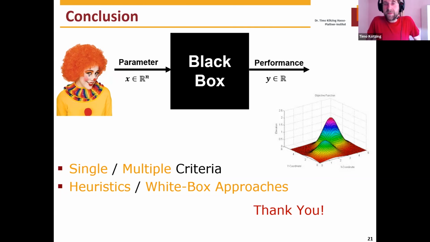And in what way is this definition of a class of problems related to the shape of the landscape of the objective function you're trying to optimize?